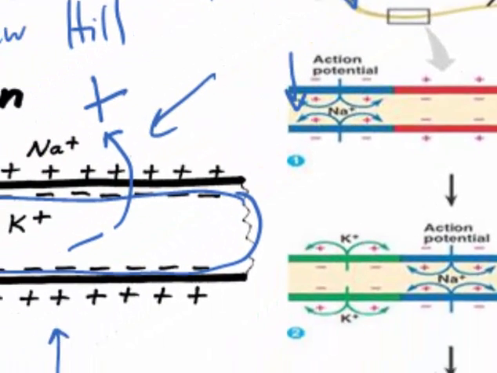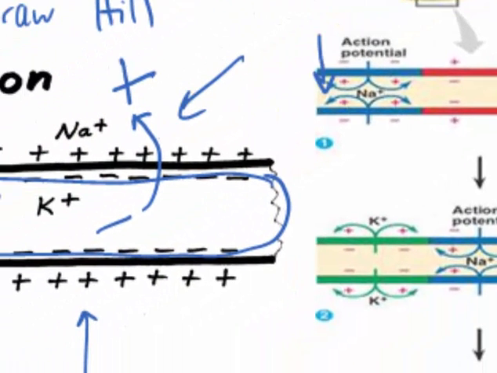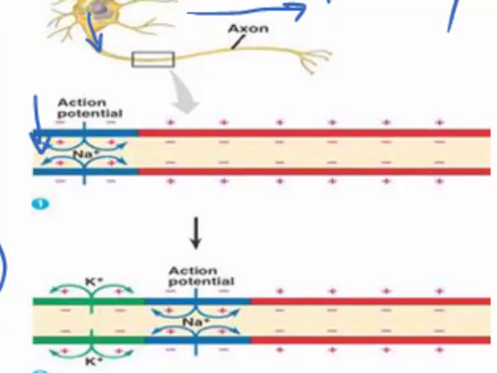So initially there is this difference in charges between the inside and the outside of the axon. But when you open up these channels inside the axon, it allows the sodium to flow in. It rushes in really quickly, and it causes an equilibrium to occur.